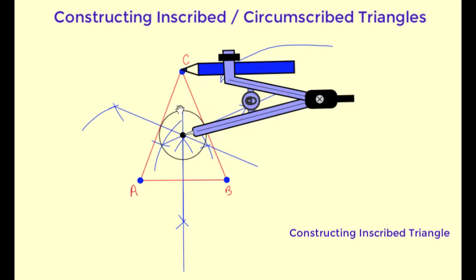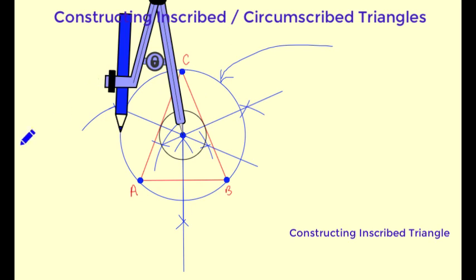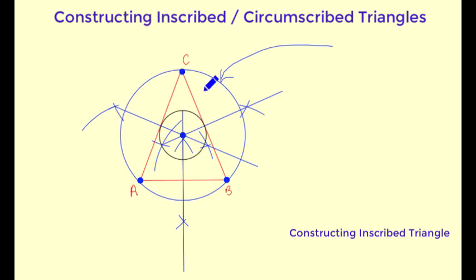So using this radius from the center to the farthest vertex, we simply draw a circle, and this is your inscribed triangle now. A circle in blue and a triangle in red gives you an inscribed triangle. A circle in black and a triangle in red gives you a circumscribed triangle.